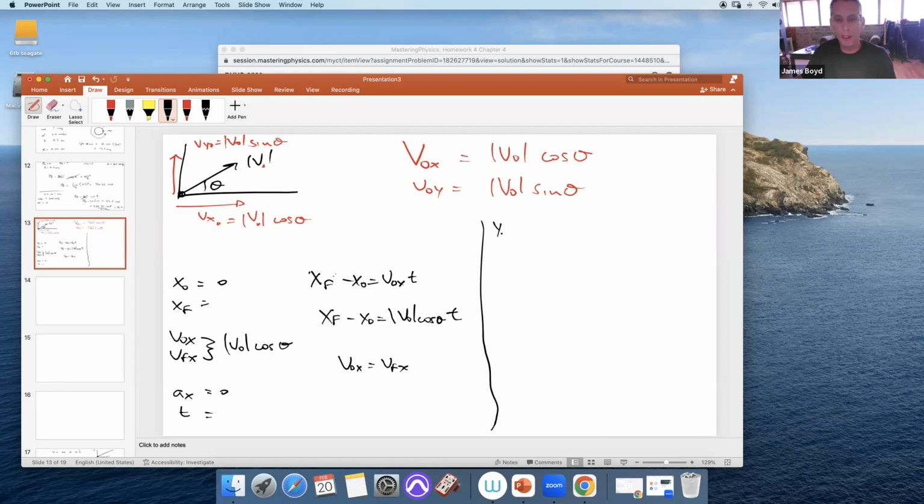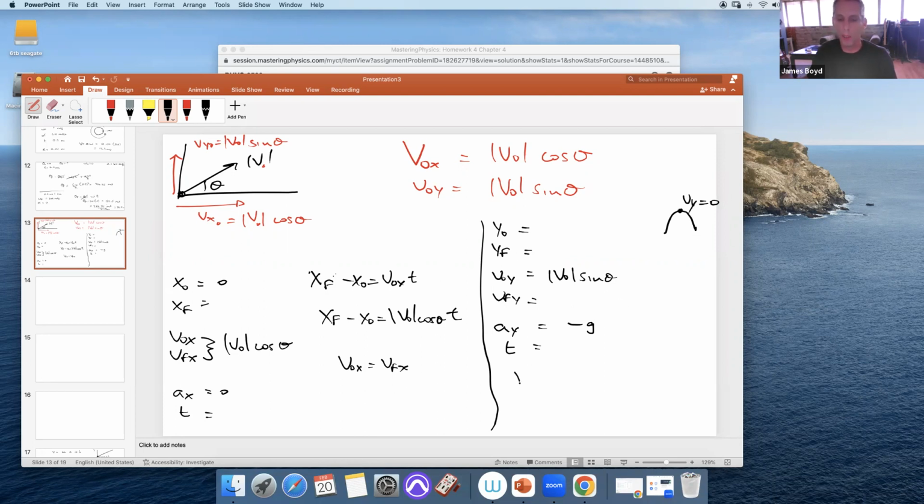In the Y, we have an acceleration of negative g. We don't necessarily know where our initial y is. Our V initial of y is V naught sine. If it goes up to the top, V of y at the top will be 0 at maximum height.